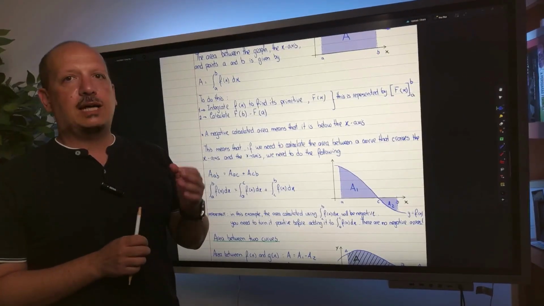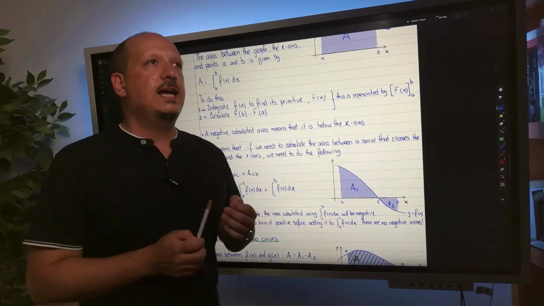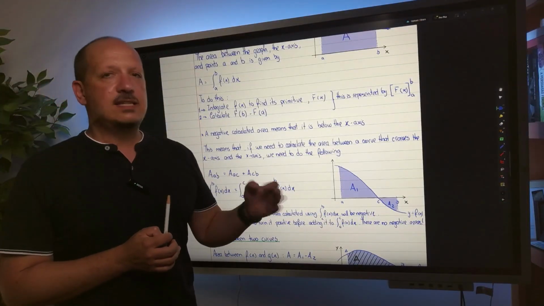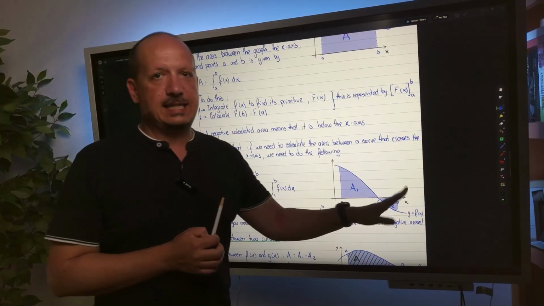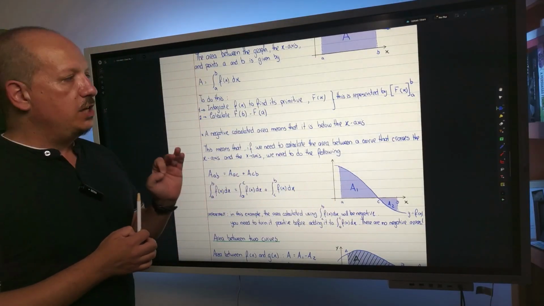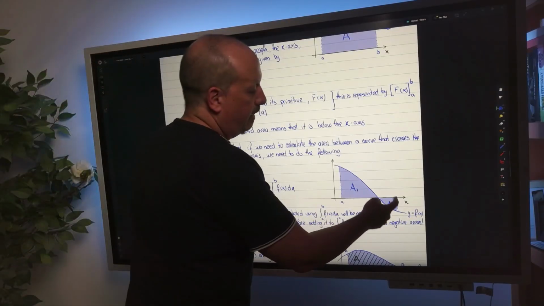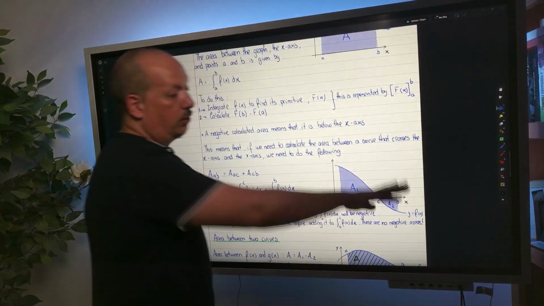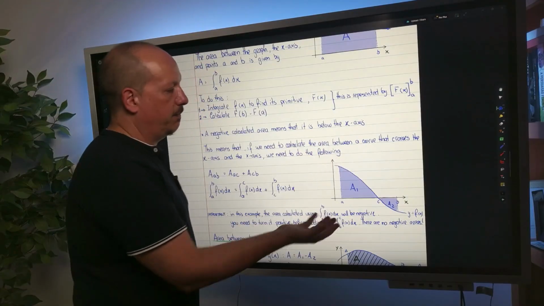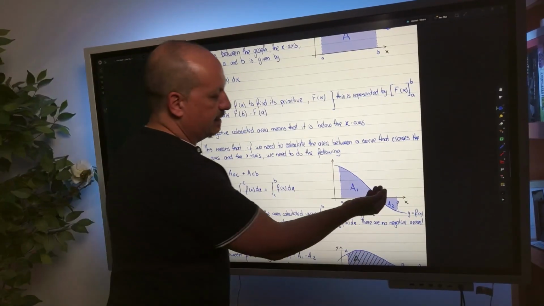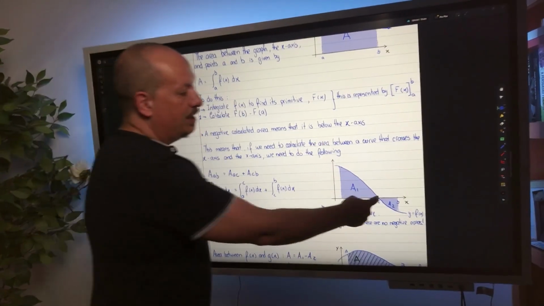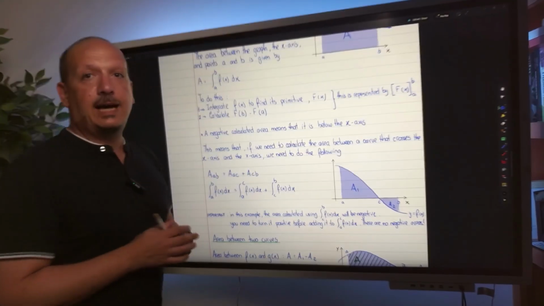You'll have to figure it out yourself, or the question gives you hints that it is crossing the x-axis. If you calculate the area of this part that is on the negative side of y, you will get a negative area.